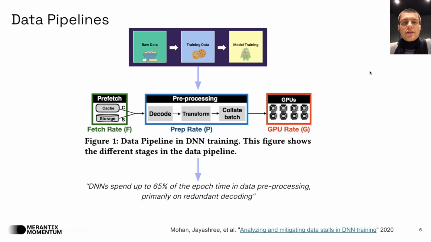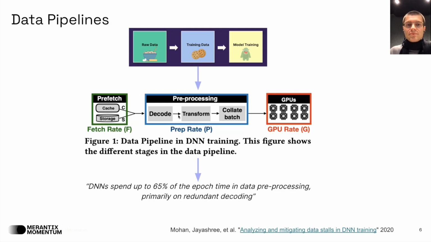Let's look at this at a bit deeper level. How does this training pipeline look under the hood? I have this graphic from a paper that's linked below. Essentially, there are three rates that we really care about in data processing and data ingestion. The first is the fetch rate, essentially the samples per second you can load from the disk.